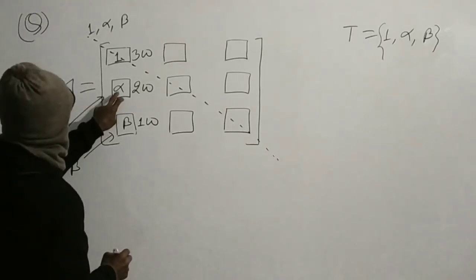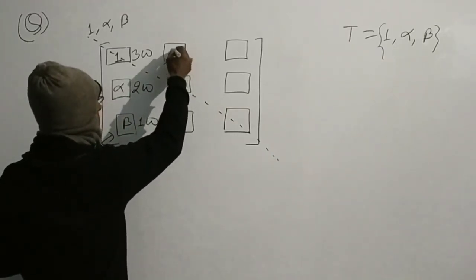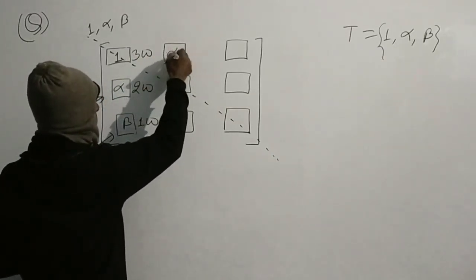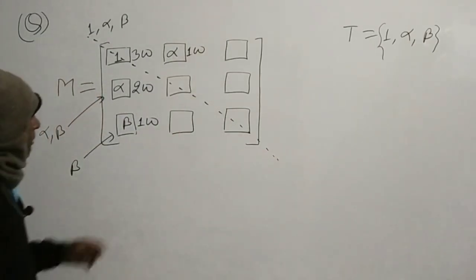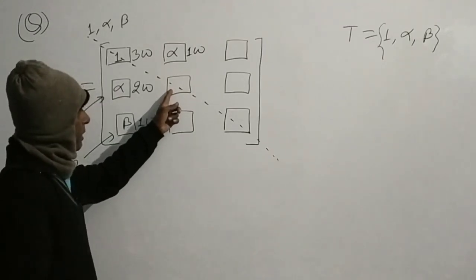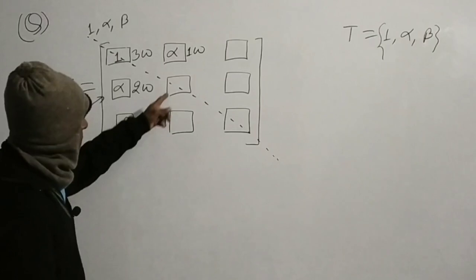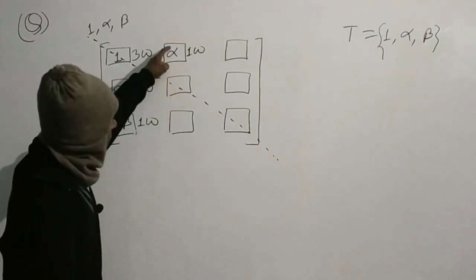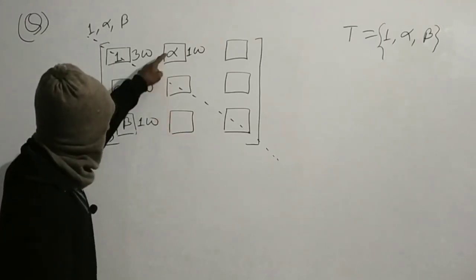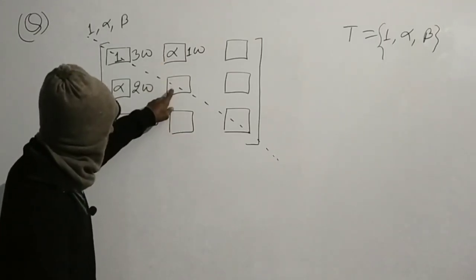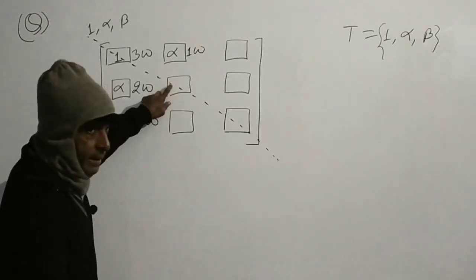Since here is alpha, this place can be filled only by alpha. That means in 1 way. But for this place, here is alpha and the sum of column elements should be 0. That means alpha cannot be written here, but 1 can be written here, or beta can be filled here.